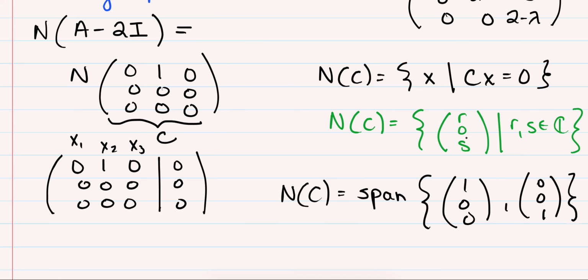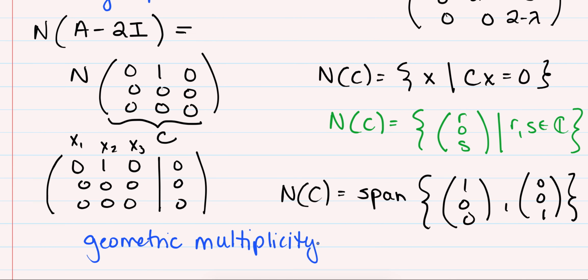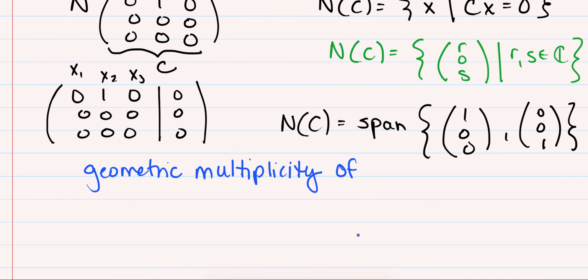So as you can see, the null space has dimension 2. So the geometric multiplicity of the eigenvalue 2 is 2, which is less than the algebraic multiplicity, which we found to be 3.